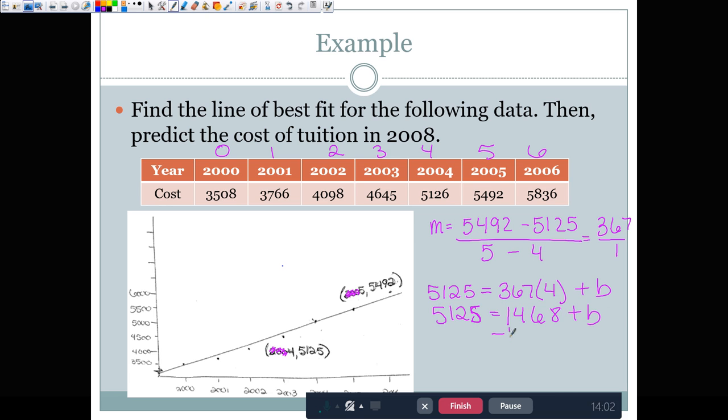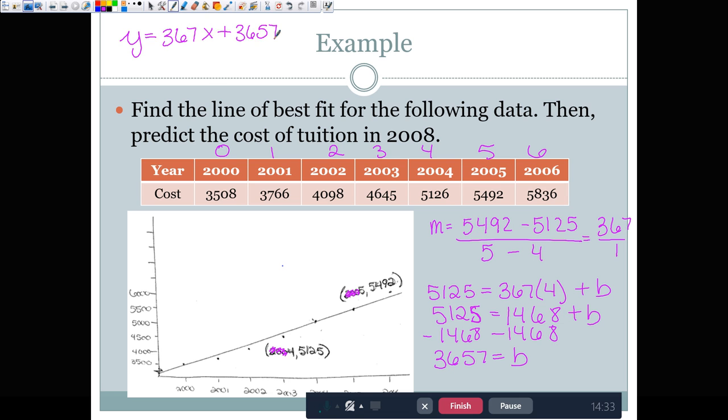Subtract 1,468 from both sides. And my b is going to equal 3,657. So my equation then would be, I'm going to write up here, y equals 367x plus 3,657. Okay, so now that I have my equation, I can predict any year.